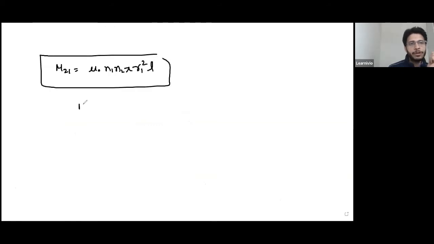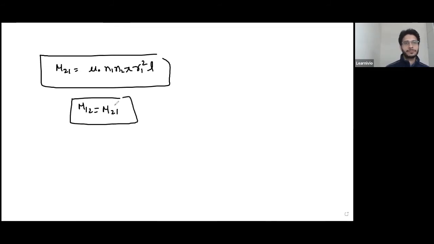So M12 is exactly equal to M21. This is known as the reciprocity theorem. And this happens always, not just for solenoids. You can have any coils. If you have a system of 2 coils of any shape and size, then M12 will exactly match M21. Both the mutual inductances would be the same.